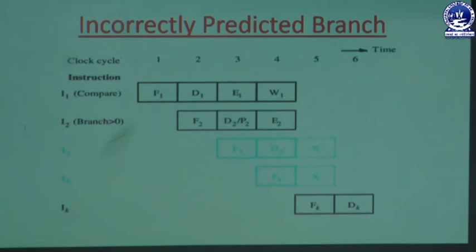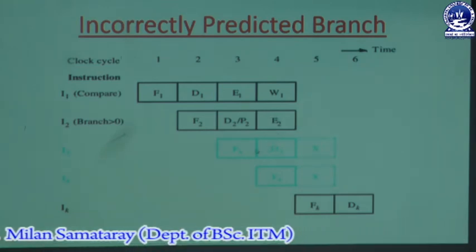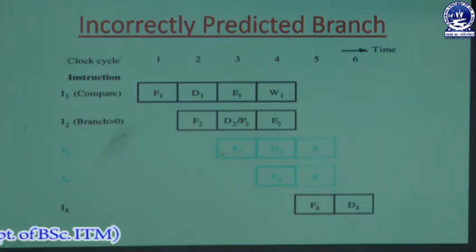So the result comes in this 4th clock cycle, and at this point the instruction fetch unit realizes that the prediction was incorrect, because previously we predicted the branch is not taken. That is why the fetch unit already fetched I3, which is going for its decode, and I4 is also already fetched.